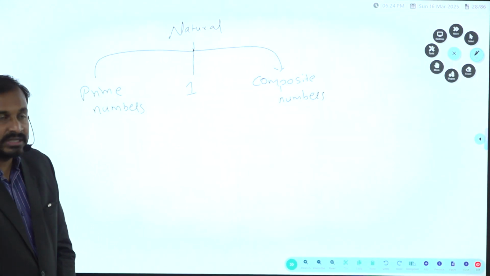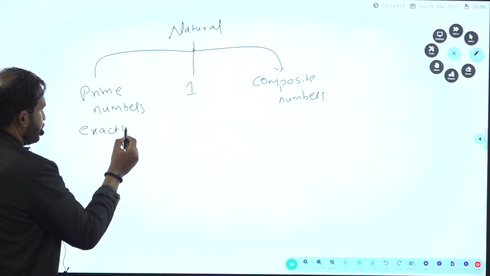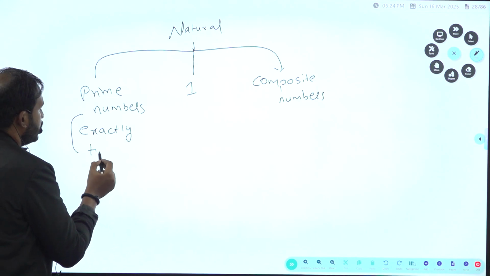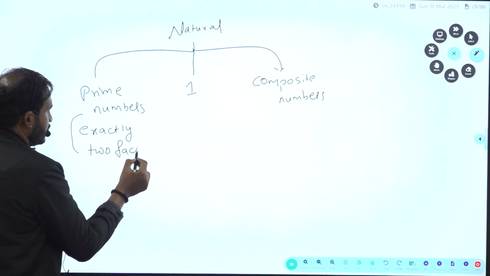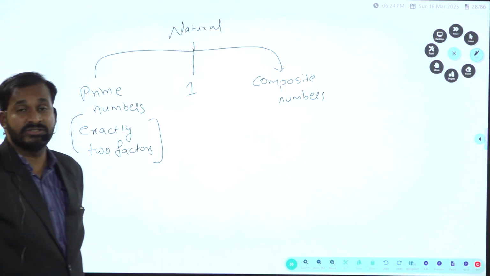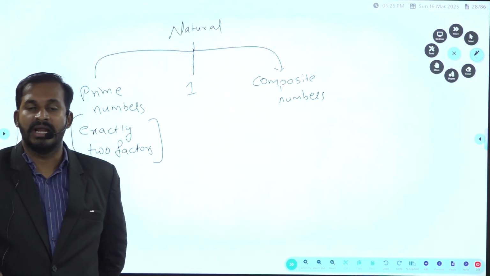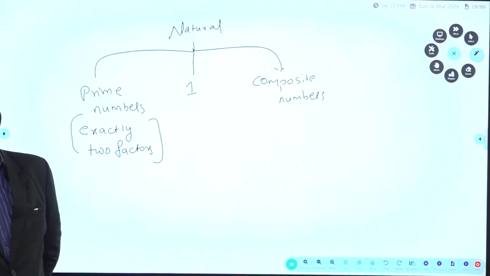Prime numbers means what? The numbers which have exactly 2 factors. Definitely it should have 2 factors, and those 2 factors are what? One factor will be 1 and the other factor will be itself.